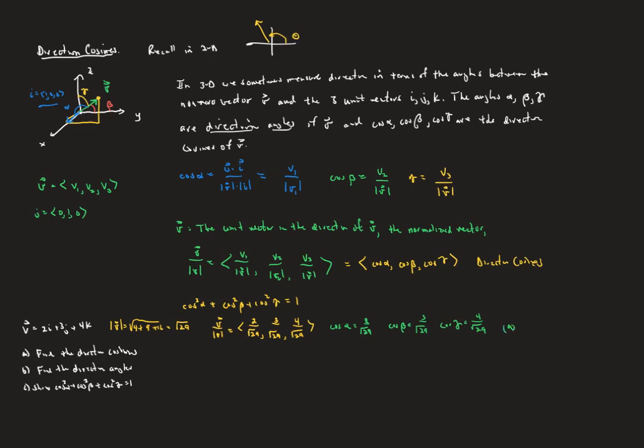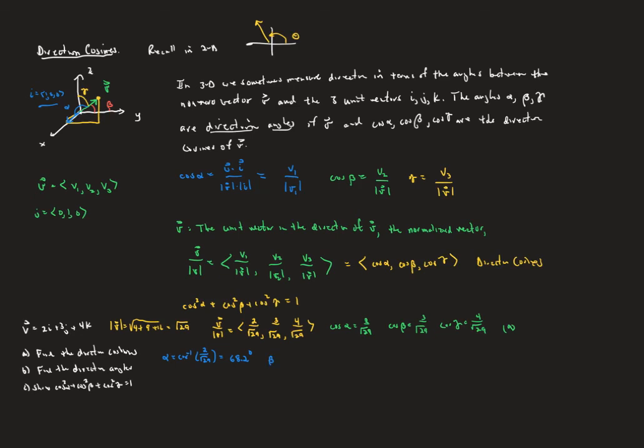Then to find the direction angles, we're going to just take those inverse cosines on our calculator, and you can do that. So alpha is going to be the inverse cosine of 2 over the square root of 29, and I think if you throw that on your calculator, I got 68.2 degrees. See if you agree.